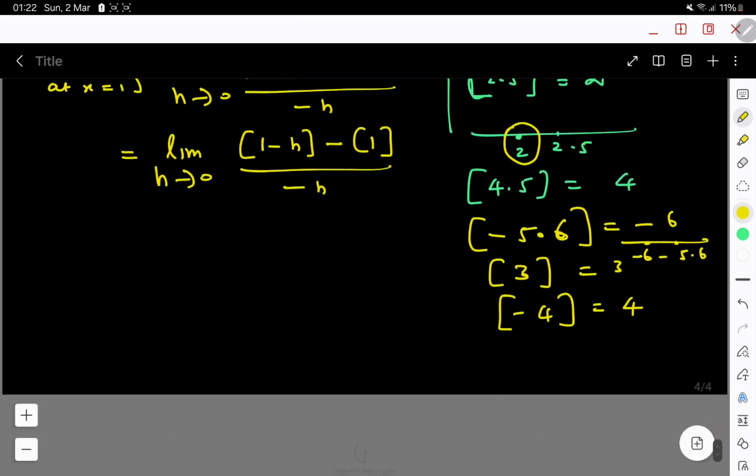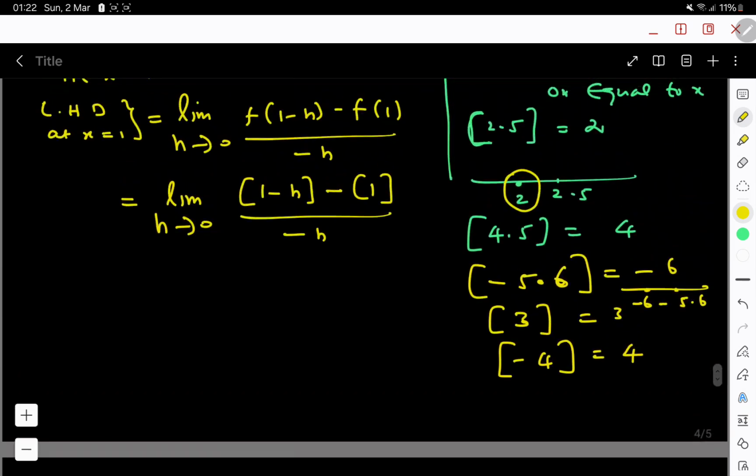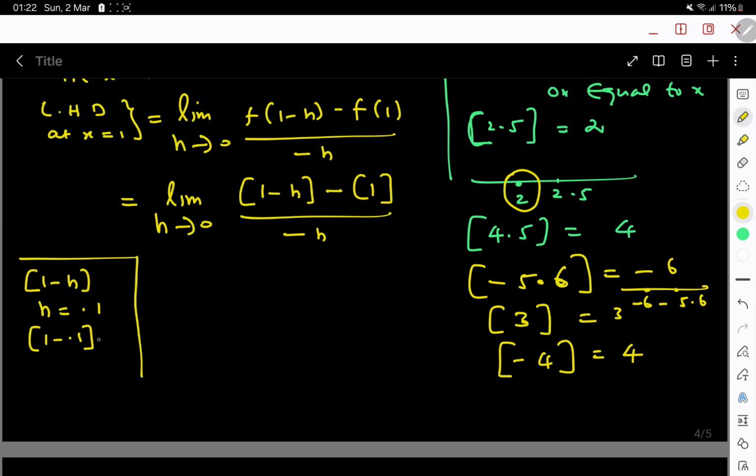Now what is the value of the greatest integer of 1 minus h? I am taking h is equal to some 0.1. So 1 minus 0.1 equal to 0.9, the greatest integer of 0.9 is equal to what? 0. Okay, because on the left side of 0.9, what is the greatest integer? 0 is the greatest integer.